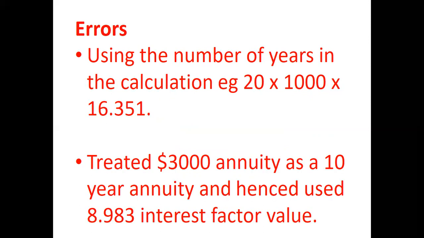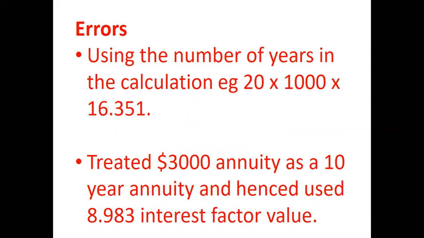Another thing that was common was using the number of years in the calculation. What they didn't realise is that the number of years involved changes the interest factor number that they're getting from the table. They don't need to do times 20 in this case. They treated the $3,000 annuity as a 10-year annuity, which is understandable why they would think to do that.